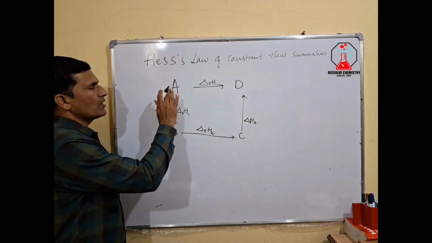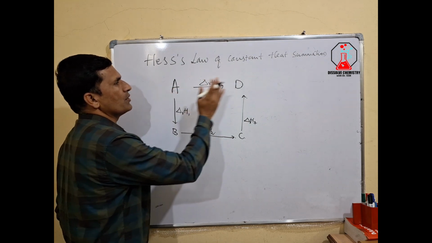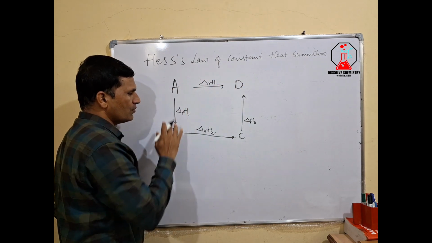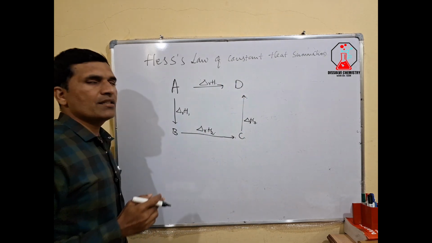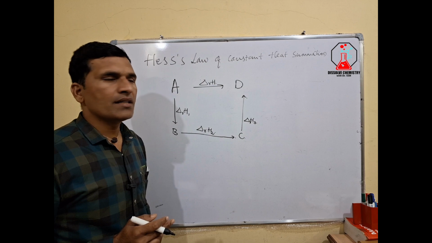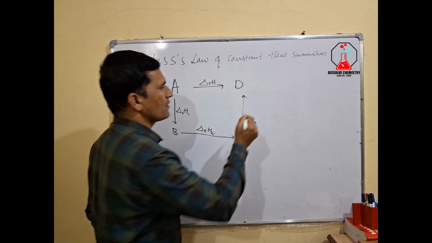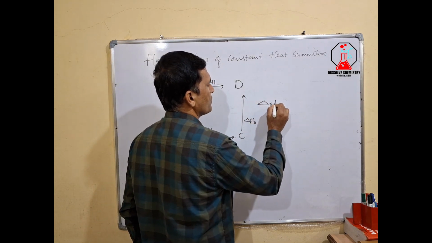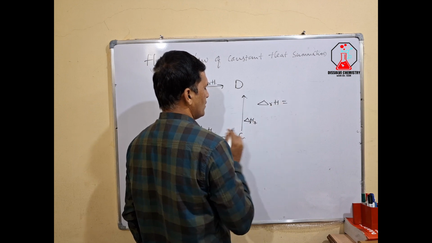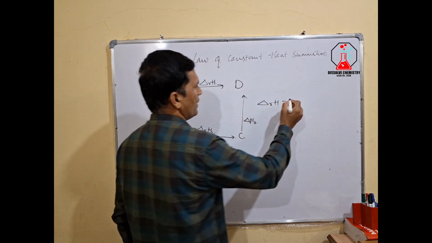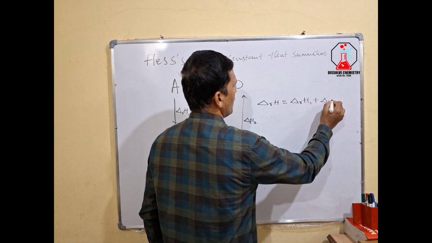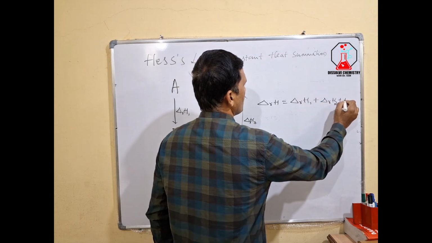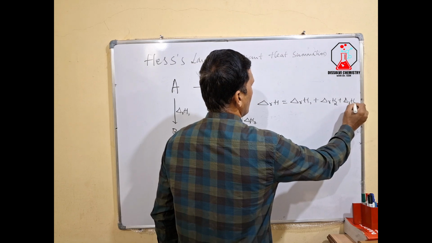Now either you convert from A to D, or A to B, B to C, C to D, the change in enthalpy is constant. Therefore this enthalpy of reaction H is equal to the sum of all these enthalpies: delta rH1 plus delta rH2 plus delta rH3.